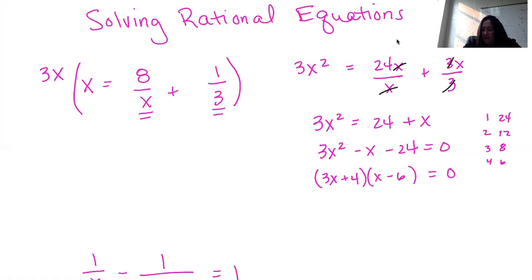If I multiply this out, I get 3x squared minus 18x plus 4x minus 24. If I look at the middle, it's not going to give me a -x. So the numbers I picked did not work. I might need to try something different, so I'm going to erase that and try something else.